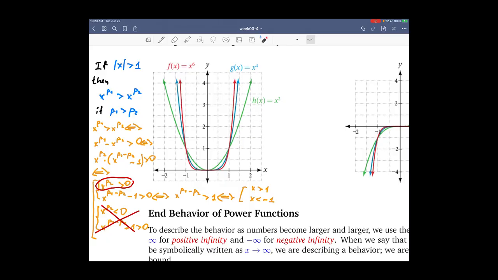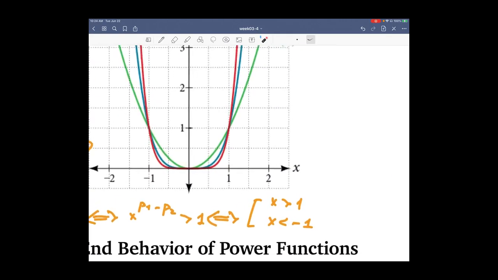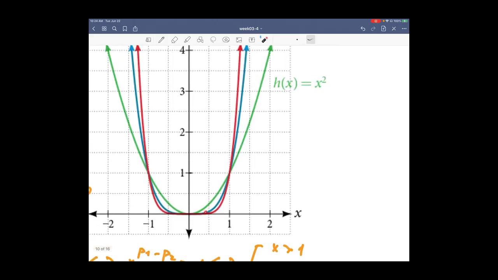Once again, the function with the higher power will be above the function with the lower power if x by absolute value is greater than 1. We have the opposite situation when x by absolute value is less than 1. So you can see that the blue graph is below the green graph.